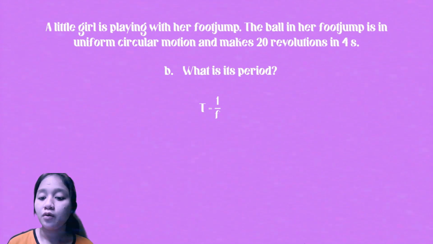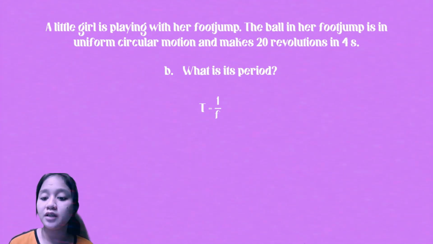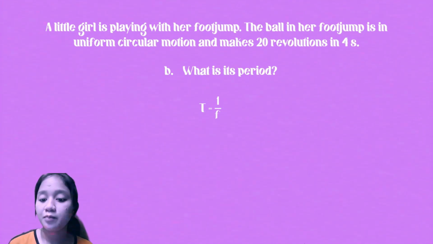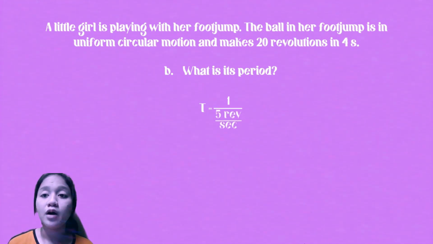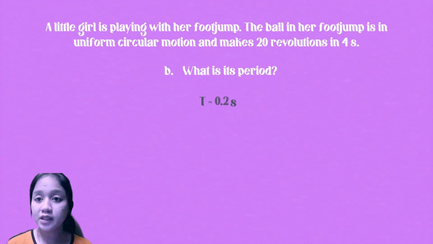For the frequency, we already solved it earlier, and it is 5 revolutions per second. So we substitute that, and it will look like T is equal to 1 over 5 revolutions per second, and the answer that we will get is T is equal to 0.2 seconds.